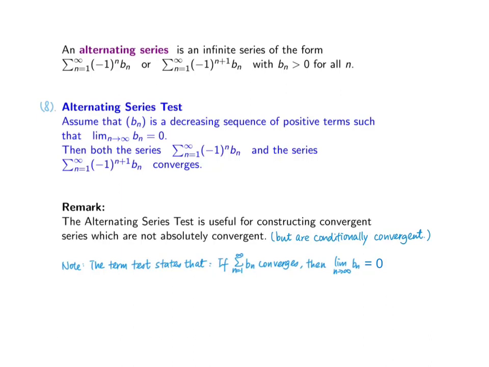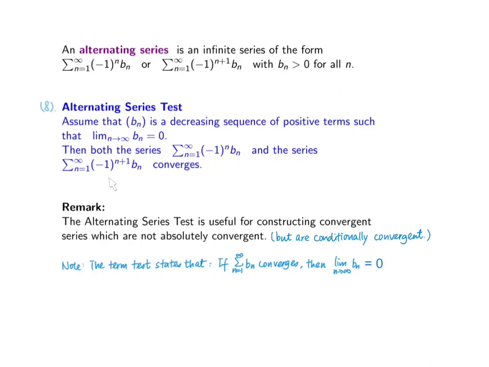However, if we further have the information that Bn is a decreasing sequence with positive terms, and if we additionally multiply (-1)^n or (-1)^(n+1) to each of the terms Bn in that series, then we form a new series which is in the form of an alternating series.